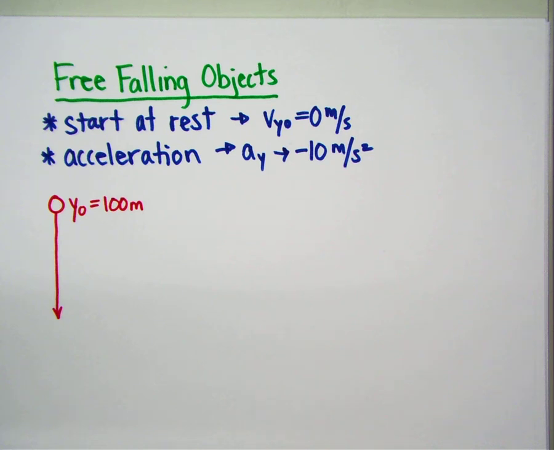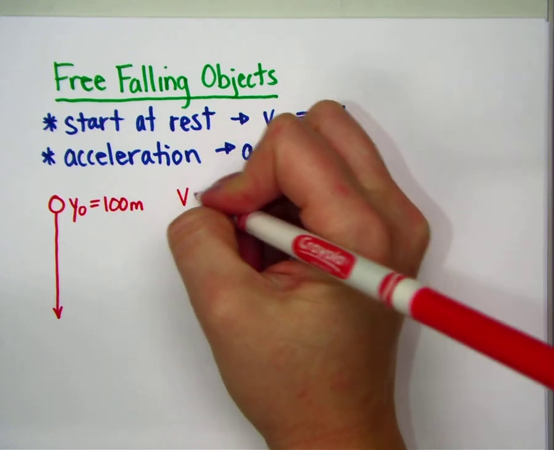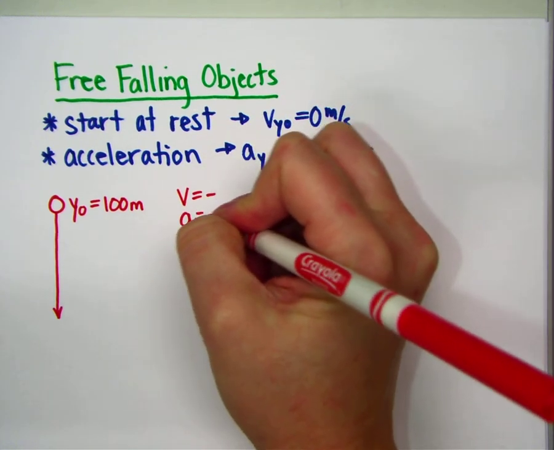All right, so if that object falls from some height, it's going to start accelerating. It's going to accelerate in the negative direction because it's going down. So it's going to have a negative velocity, which means I have a negative velocity and a negative acceleration. The object is speeding up as it falls. Okay?